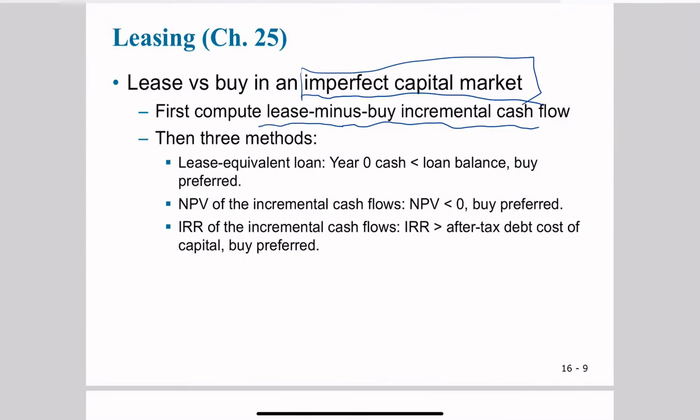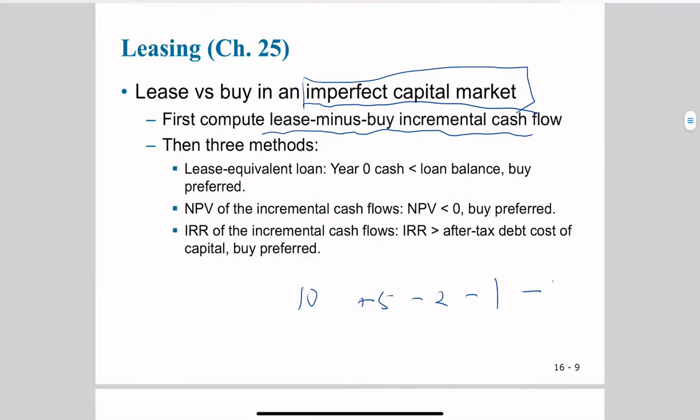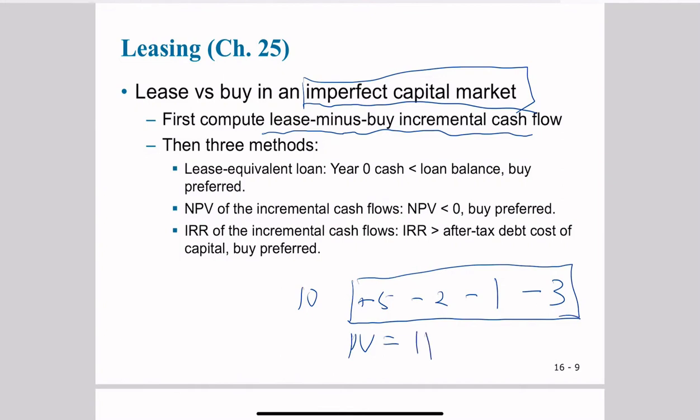Roughly speaking, let's say if you have incremental cash flow looking like this, right? So if you discount your liability, and let's say the present value of this is 11, then this is year 0, year 1, year 2, year 3, year 4. And then you would compare this number versus this number.